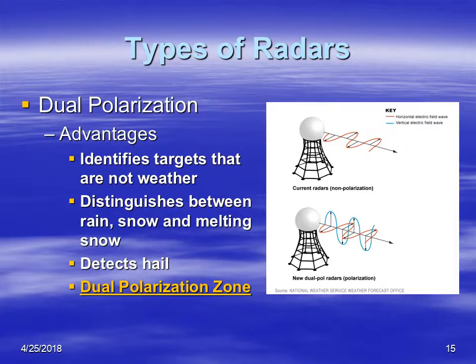If the target is birds or bats, then they reflect radar energy differently in either plane. However, if it's perfectly round, a sphere, then it'll send back backscatter energy at approximately the same intensities in both the horizontal and the vertical planes. So the difference in reflectivity, the differential reflectivity, will help you determine what type of target is in the atmosphere.